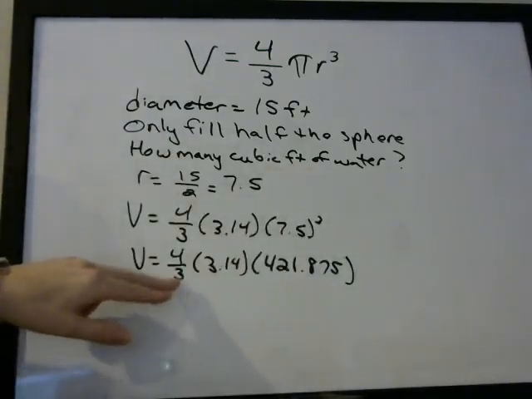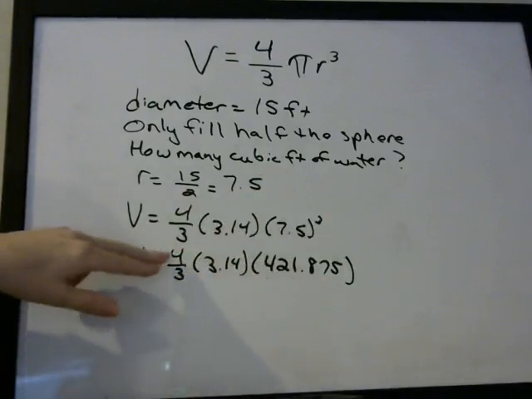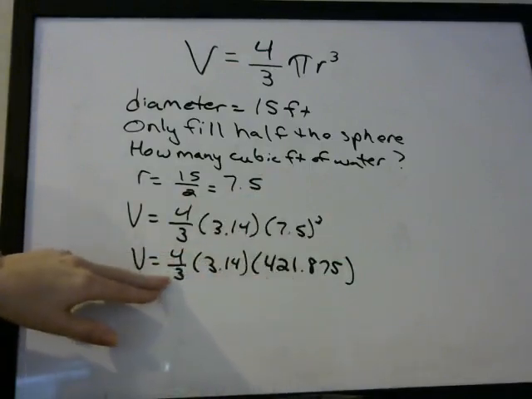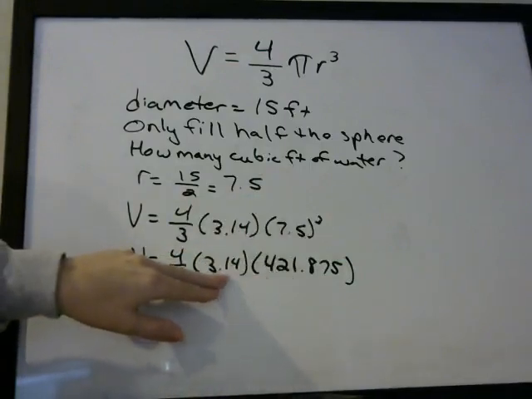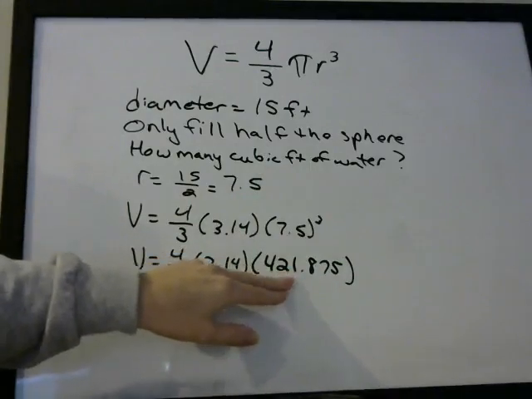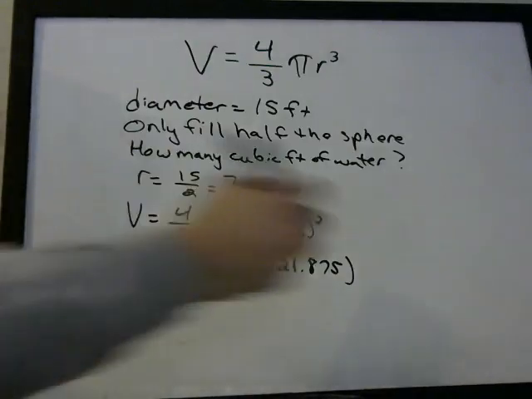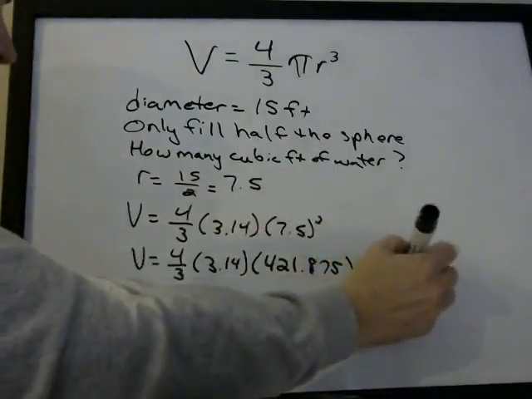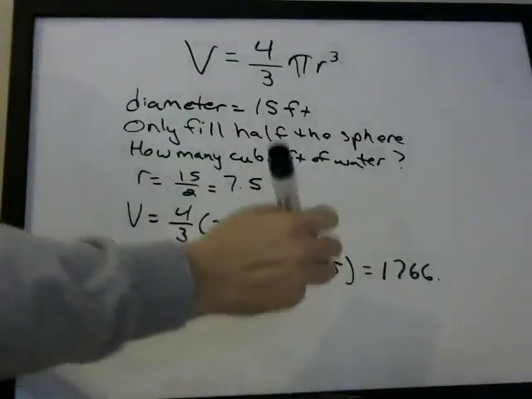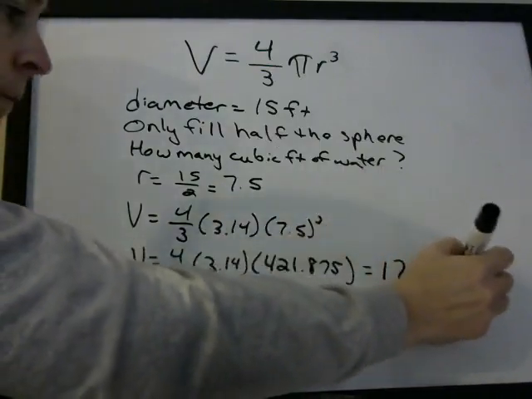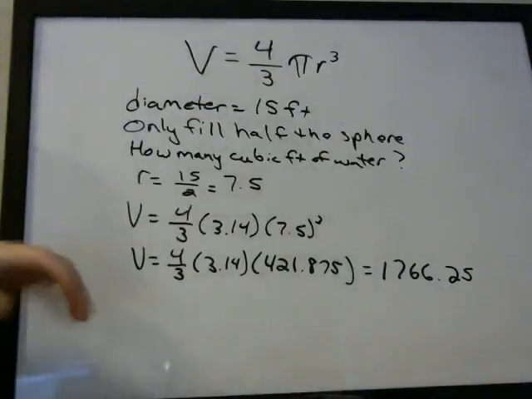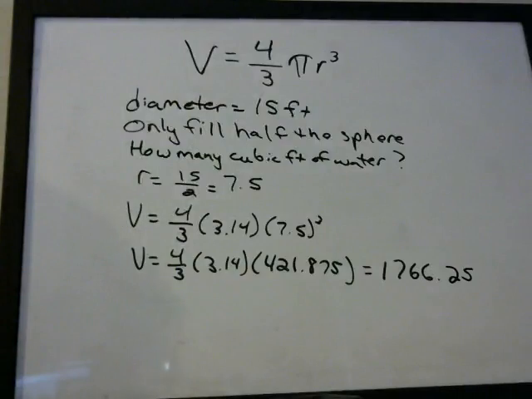Now we just have a multiplication: 4 divided by 3 times 3.14 times 421.875. You just put that into your calculator. What do you get? 1766.25. So that's the volume of the whole sphere, of the whole ball.